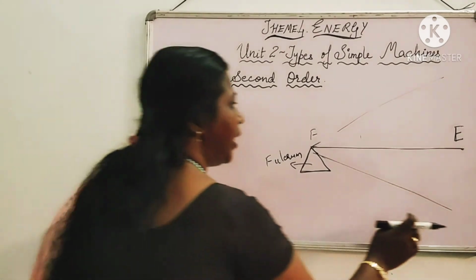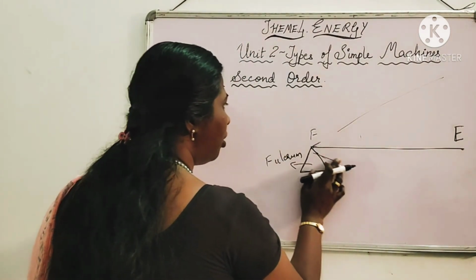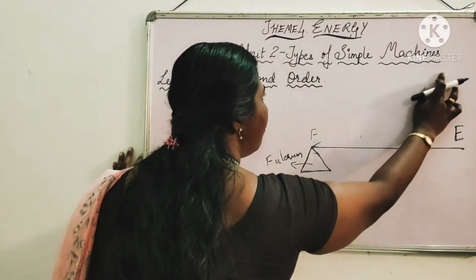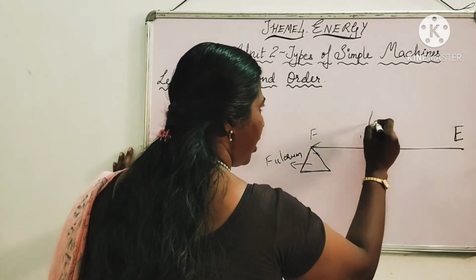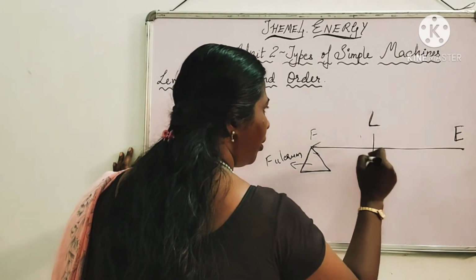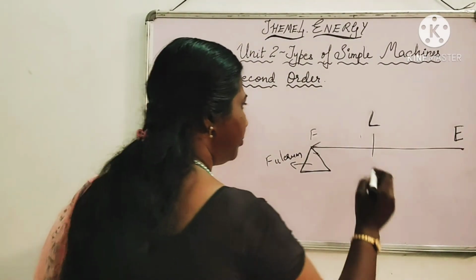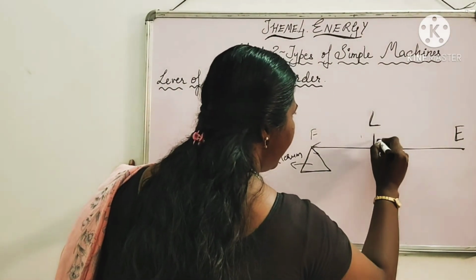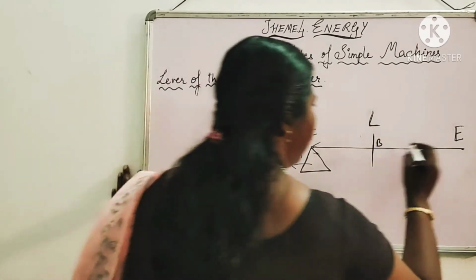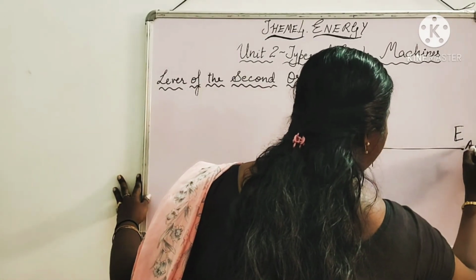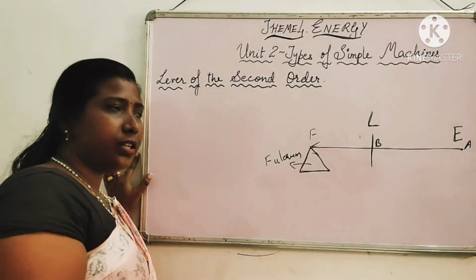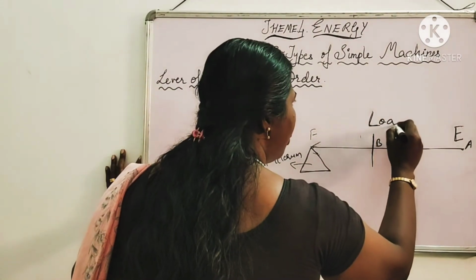But one thing to note is that we are having one load over here. We have given the alphabet B to the load and A to the effort. Is that clear, students? Here we are having the load.